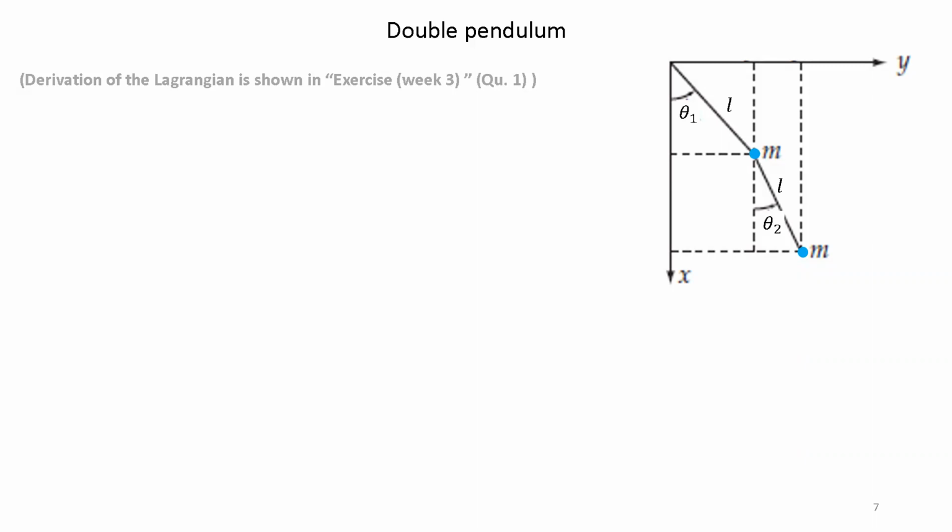For a double pendulum, I attach another rod to this mass, and at the end of that rod there is another mass. This point is free to rotate, so this rod is free to rotate about the first mass over here. And this rod is also free to rotate about this point. So this is a double pendulum.